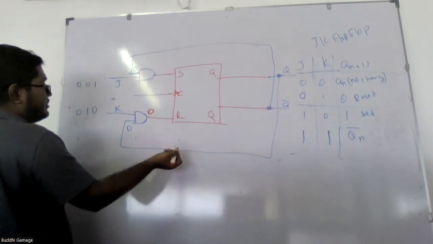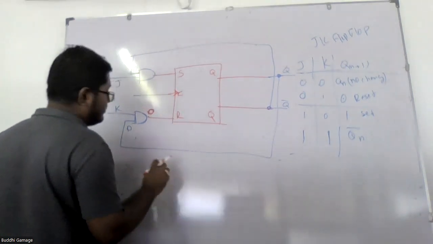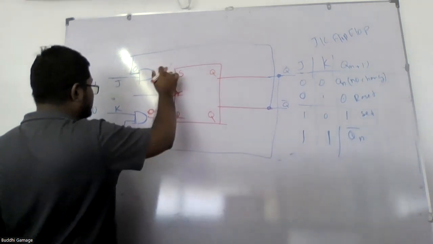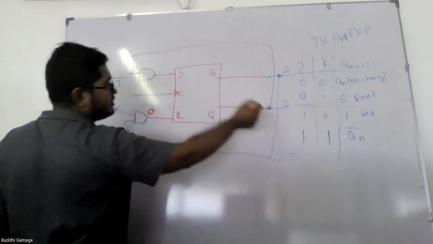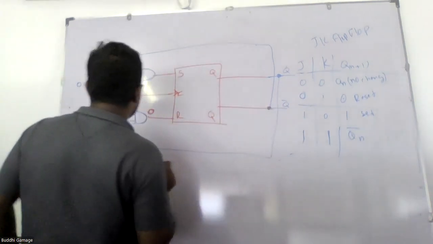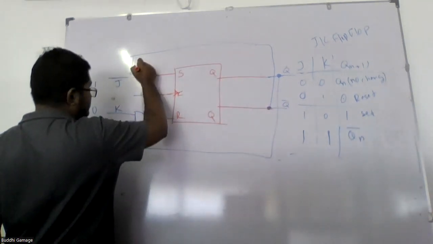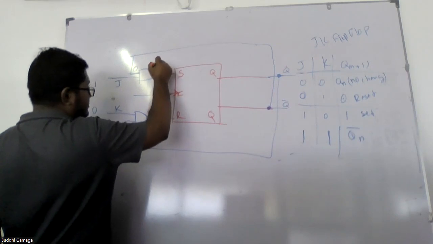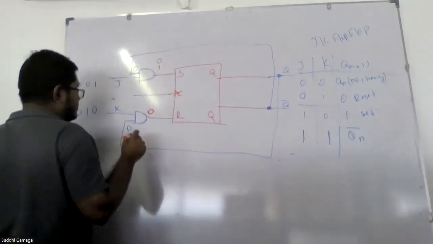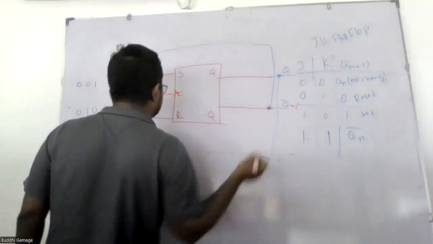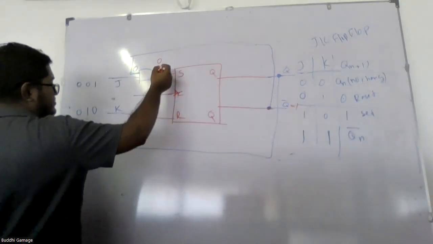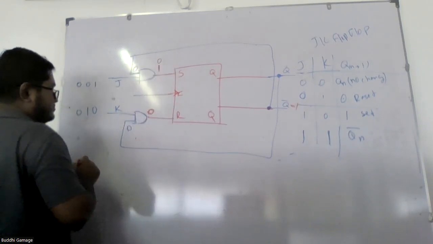No value is going to here. So R, this value, is 0. For this particular value, if the Q bar is 1, there are two states. Q bar is 1 and Q bar is 0. If Q bar is 1, that is only where this value is going to 1.